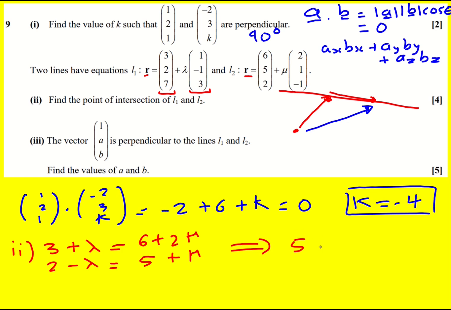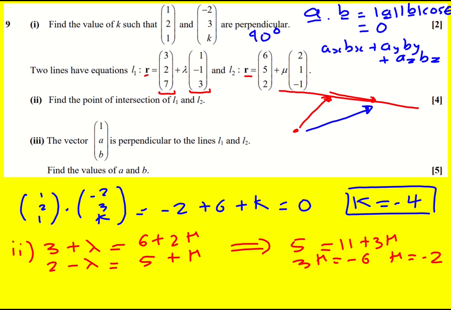That will leave me with 5 equals 11 plus 3 mu. So 3 mu will equal -6, mu will equal -2. I can sub that back in. I've got enough now to find the point of intersection, but I think it's good to check that the third equation is consistent.